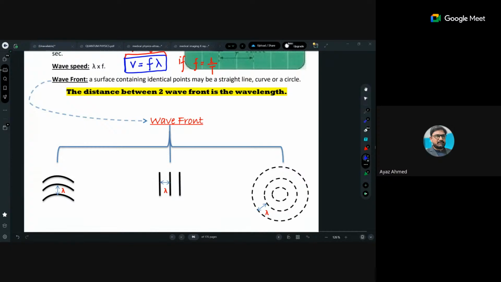The distance between two wavefronts is λ. Sometimes the question is asked what this distance is, or sometimes it is asked how much this distance is, and it is 2λ, right? So keep in mind that the distance between two wavefronts is always a wavelength. A wavefront is a line which joins all identical points. That is the simple definition of a wavefront. So is this clear to you?